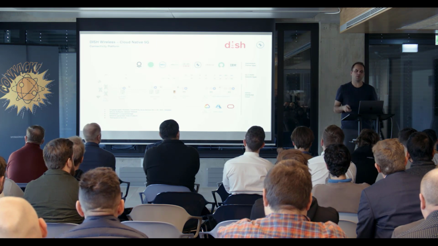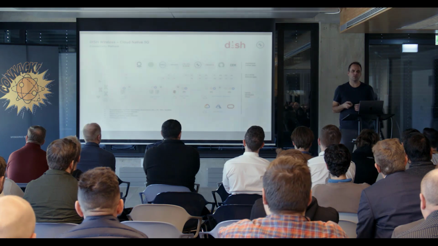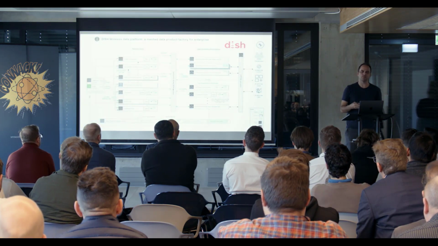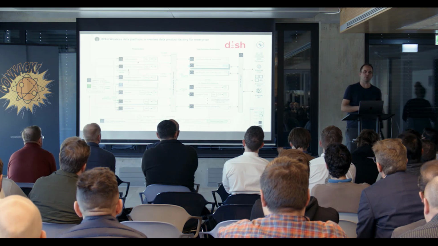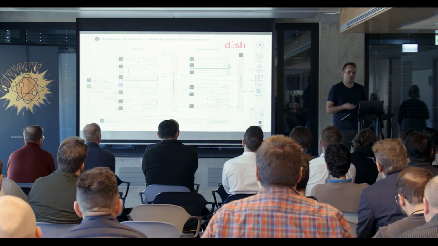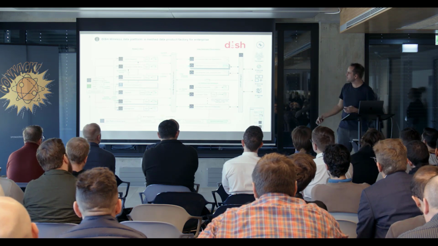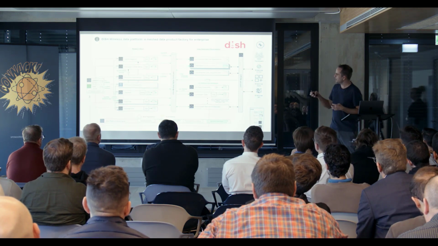And there's two interesting parts. First of all, it's about the architecture of how this infrastructure is built. Here's a lot of telco systems and analytics tools and so on. The interesting part for this is, of course, the middle, right? You can't read this stuff, but in the middle, it says Dish Wireless Confluent.